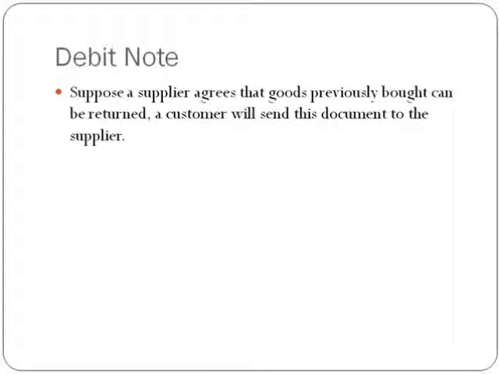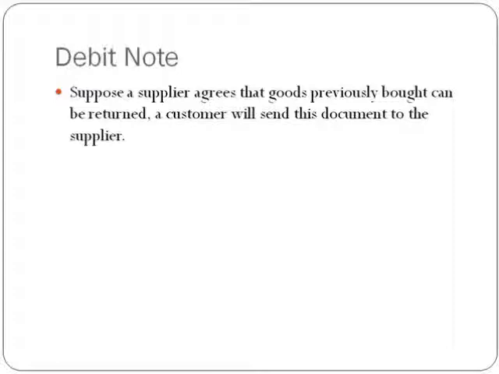Alright, the second thing we are going to look at this evening is the returns outwards book. However, before you can open a returns outwards book, there is a source document that you have to develop, and this is called a debit note.